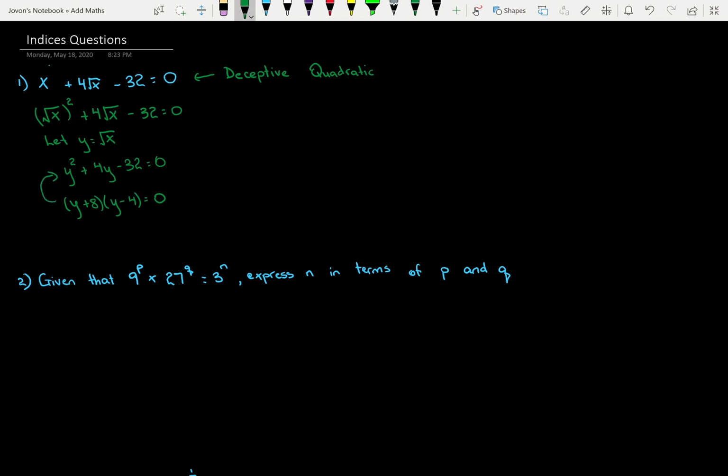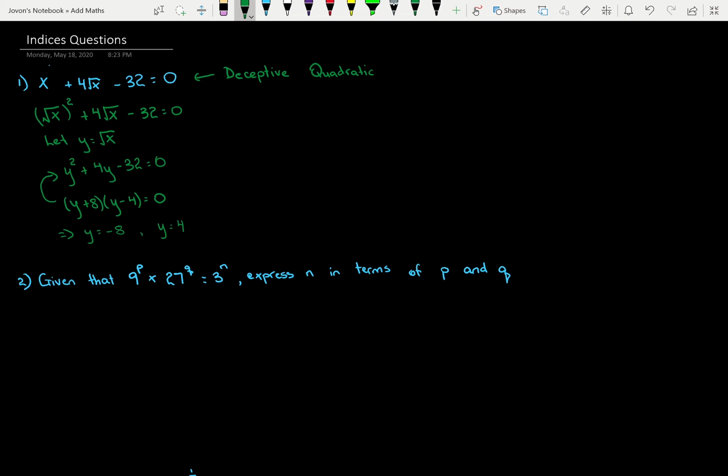Okay, so therefore this would imply here now that y is equal to minus 8 and y is equal to 4. Okay, but remember, they didn't ask us to find y. Okay, they've asked us to find x.